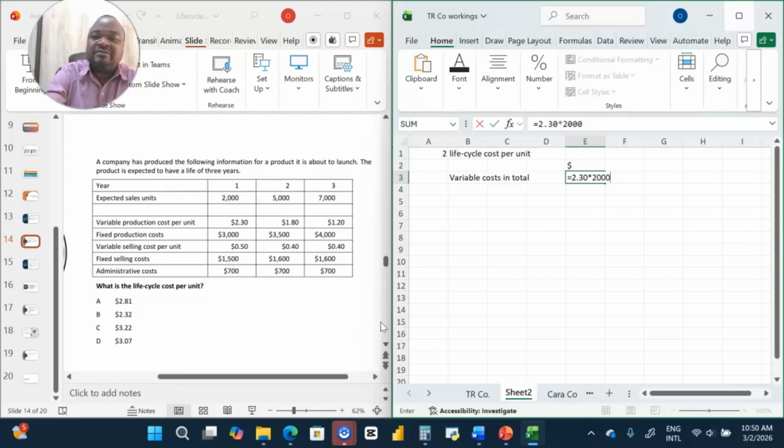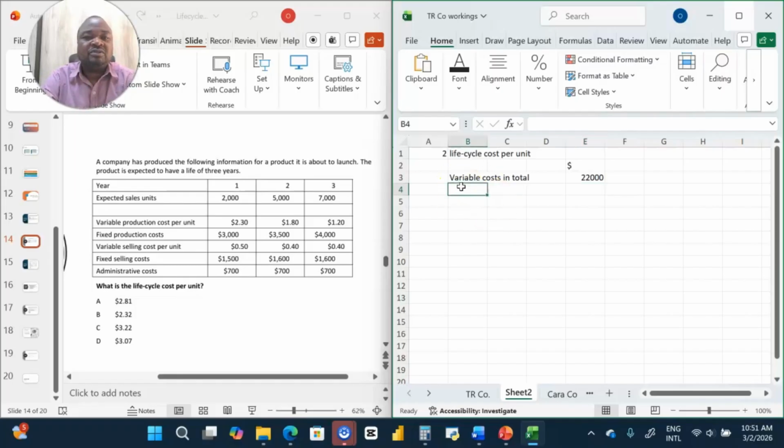Okay, you can close bracket, then you add plus for year two, that's $8. The cost per unit multiplied by the number produced, that is 5,000, right? I'm forgetting brackets, I'm sorry for that. Then you say plus, open bracket, $20 multiplied by 7,000, close bracket, press enter. So you can see that the variable costs are 22,000.